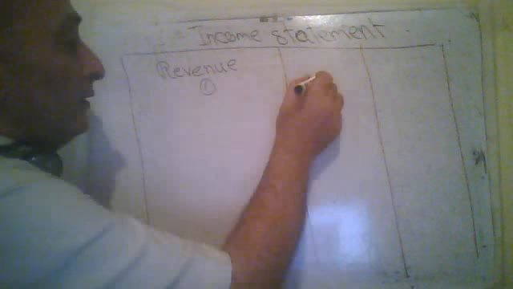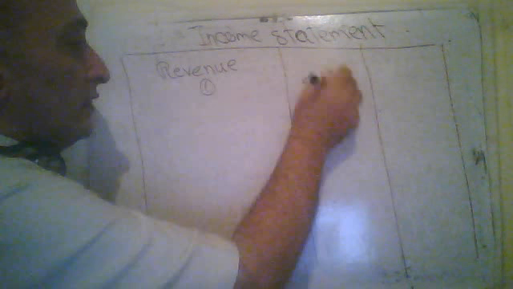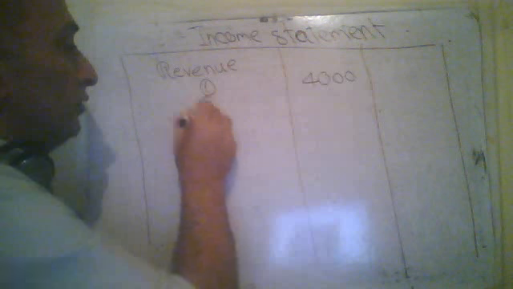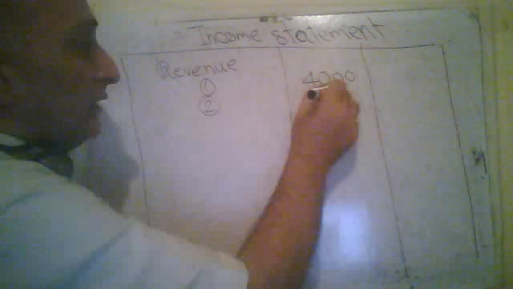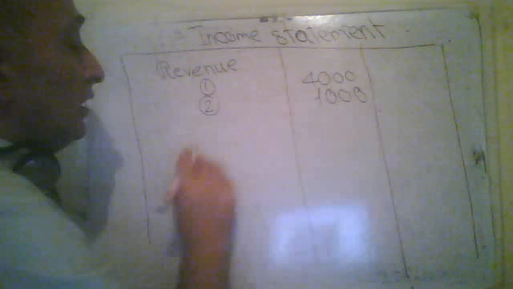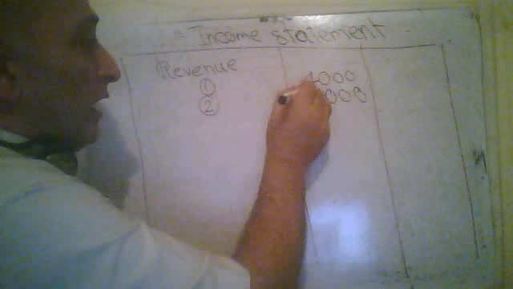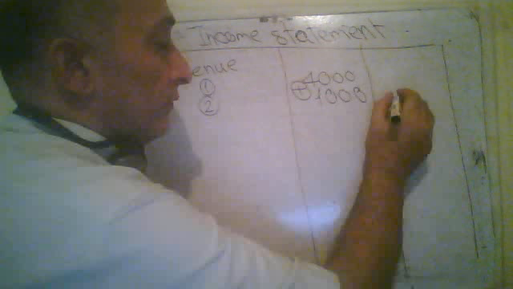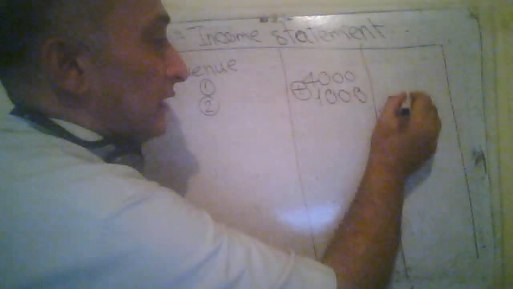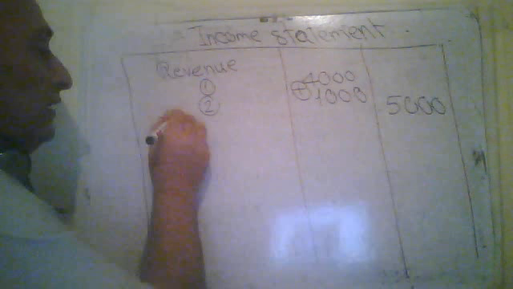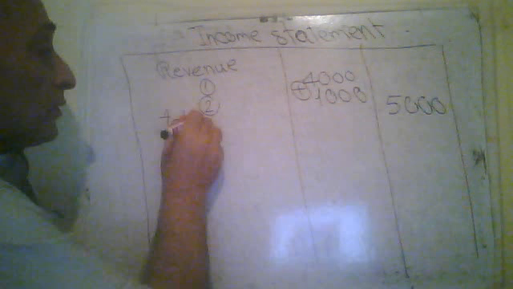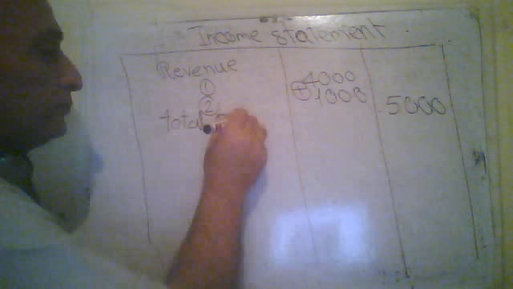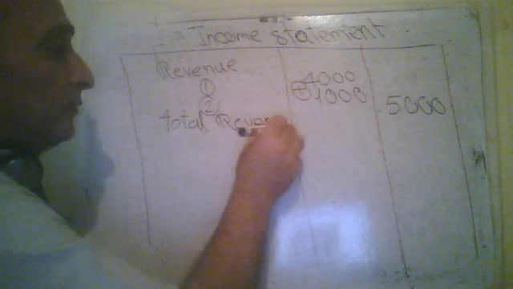Number 1, 4,000. Number 2, 1,000. I will make plus 4 and 1, $5,000 total revenue. Okay?